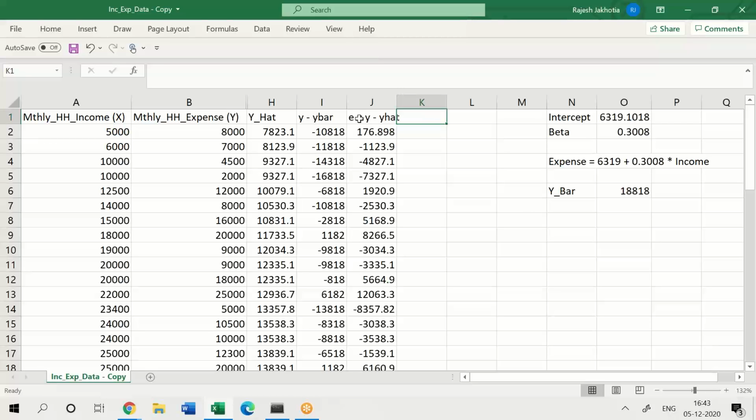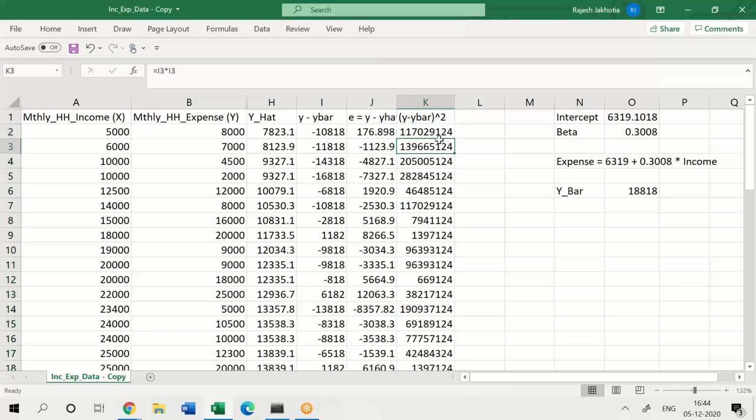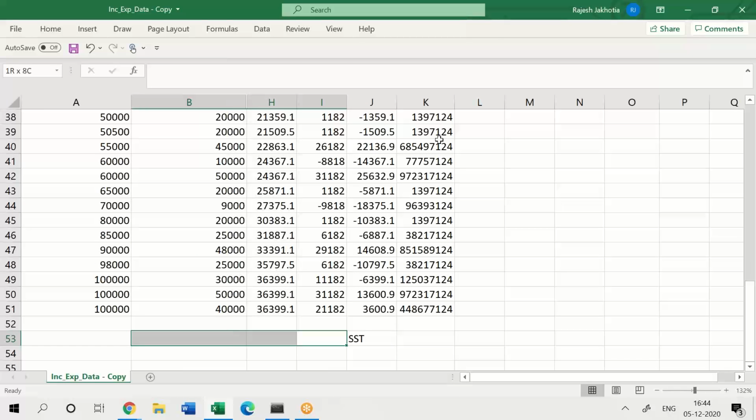So here, first y minus y bar, we square it. So y minus y bar the whole squared, this multiplied by the same number, and double click. Summation of all of these values is called sum of squared total.